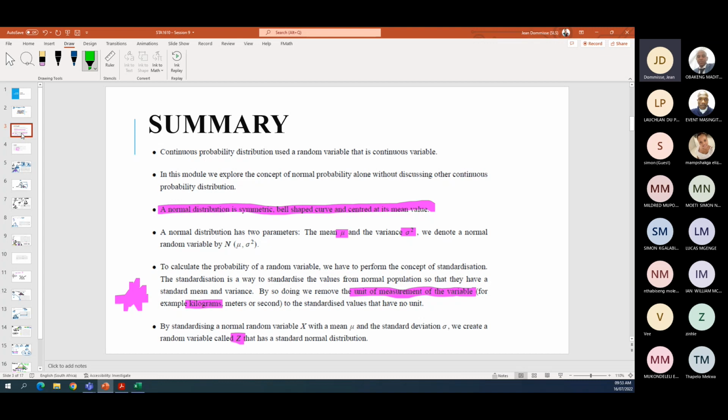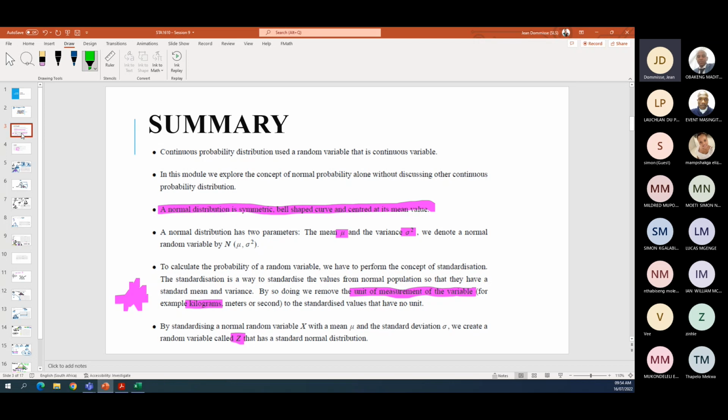So the only difference in study unit 7 will be that we start talking about sample size, and the influence that the sample size will have will decide if we are looking at a normal distribution, and we use the Z, or if we are looking at a T distribution. But that is for next week.